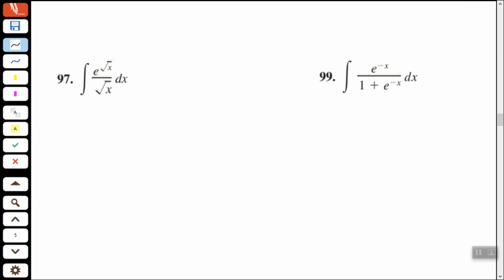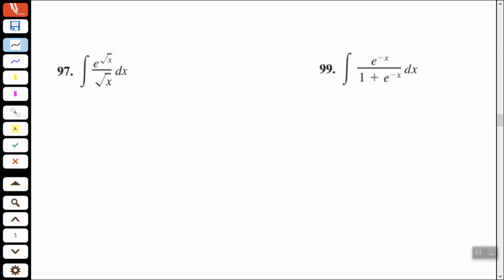Okay, let's look at another one. All right, number 97, we have e to the square root of x over the square root of x. So again, let's write this in exponential form and let's see what we can come up with. So e to the x to the 1/2.